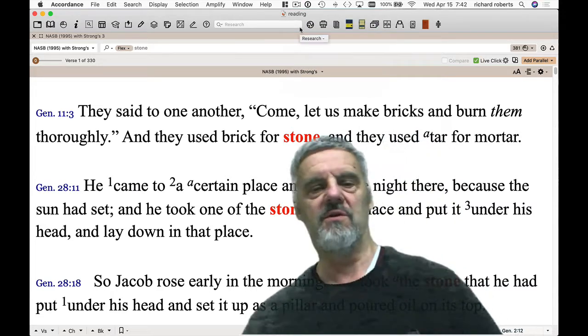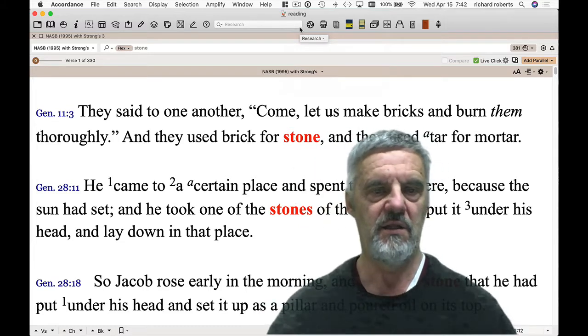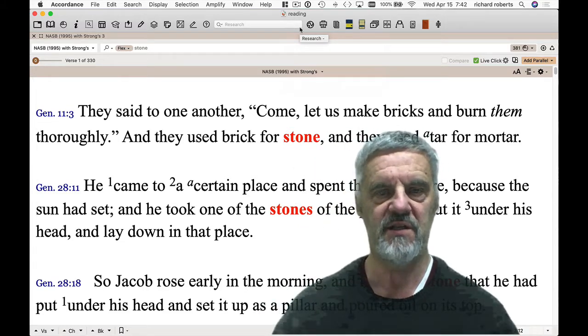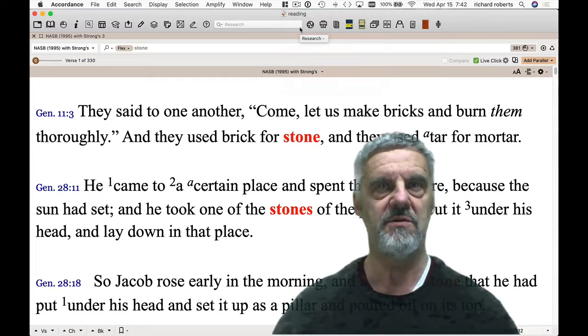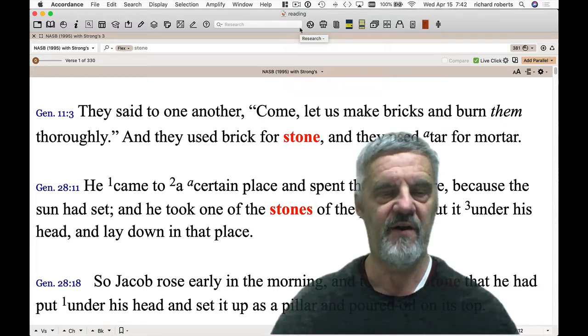Another word, only used twice in the Old Testament, is translated either as rocks or cliff, and it's pronounced kaf. In Aramaic, it would be kapha.